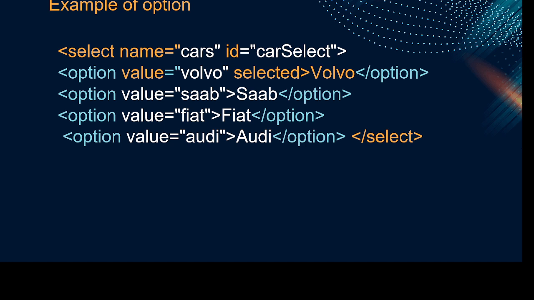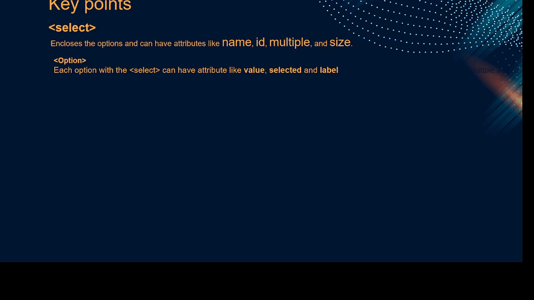So this was complete information about select and option if you want to use them, and you have a lot of choices to style them and define the whole structure. It just depends on what you want to do here.